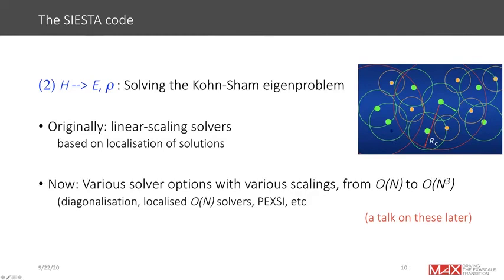Here, again on a cartoon basis, the smaller filled circles are the pseudopotentials, if you want, the ions, and the slightly bigger ones are the finite support region for the basis orbitals. You have much bigger ones, the solution wave functions that we're after. You can think of them as Wannier-like solutions of your problem. Of course, that would be for insulating or semiconducting problems. That was everything we had at the very beginning of Siesta.